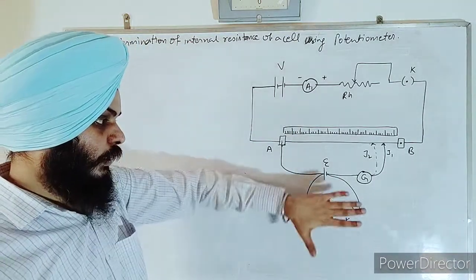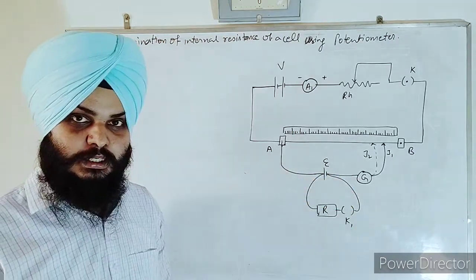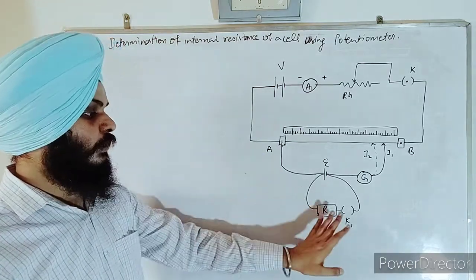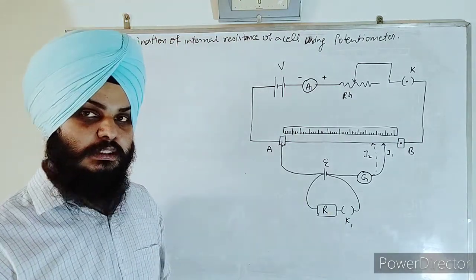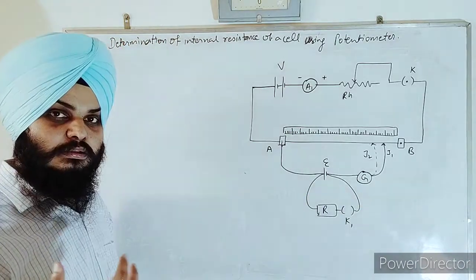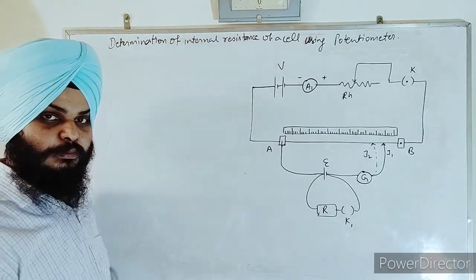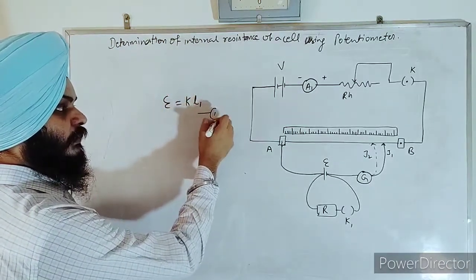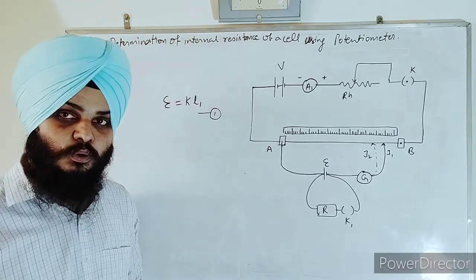Obviously, when this is not connected, we will get some length of the potentiometer wire for which the galvanometer shows no deflection, and let that length be L1. So by the principle of potentiometer, we have E is equal to K into L1. This is the value of EMF of the cell.